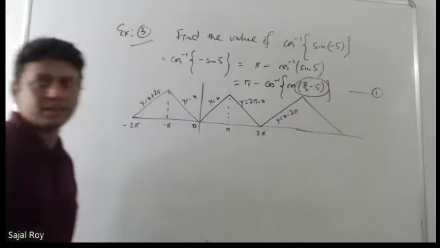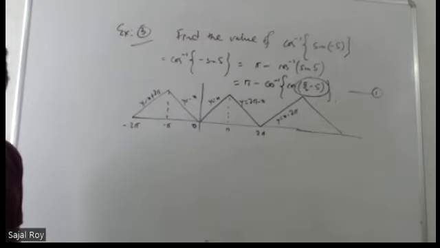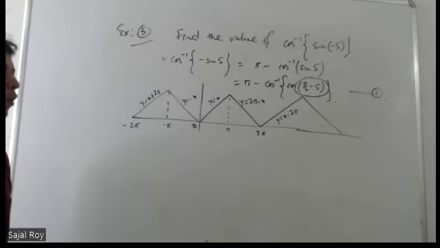Can you locate that? Pi by 2 means 3.14 divided by 2, 1.6 suppose. So 1.6 minus 5, that is minus 3.4. Where is your minus 3.4?